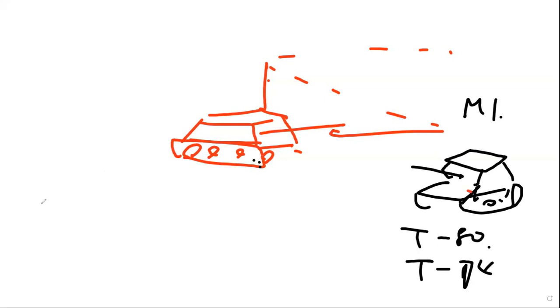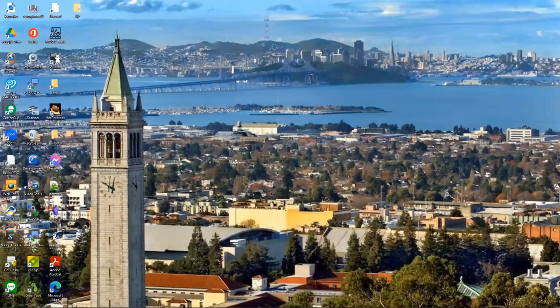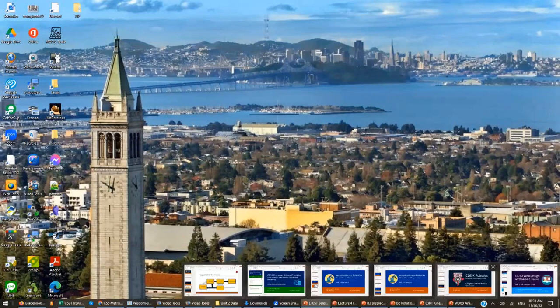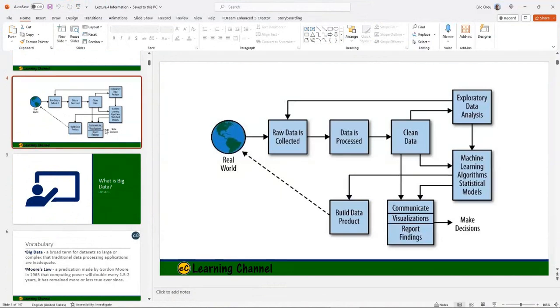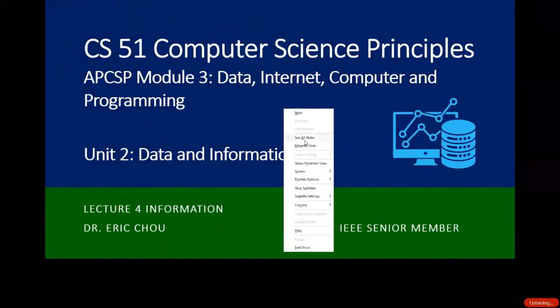So there's pattern recognition. And this pattern recognition will depend on what? It depends on modern control using machine learning. Machine learning is related to data science and AI.